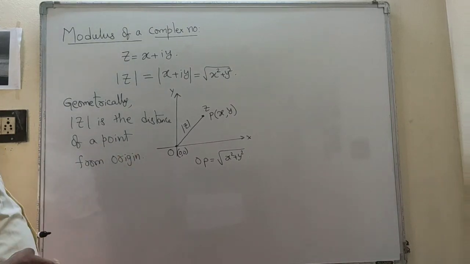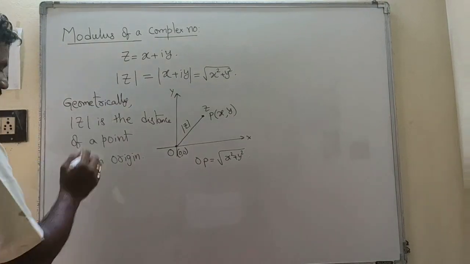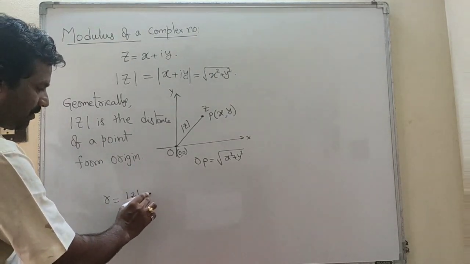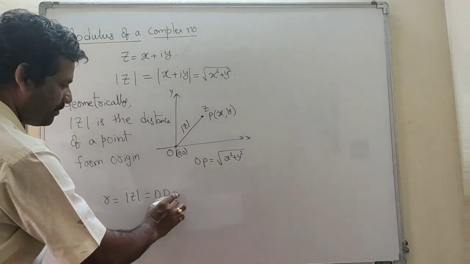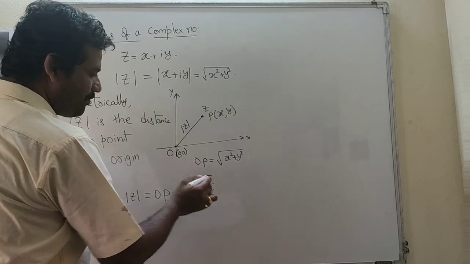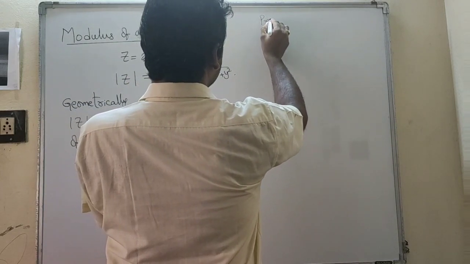That is the modulus of a complex number, mod z. This mod z we can denote as r. R means the distance, mod z equal to OP, equal to square root of x square plus y square. Okay, right. Next, see the properties.